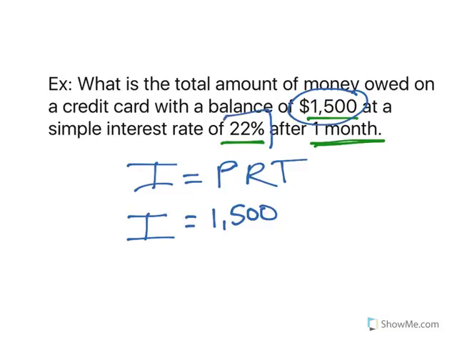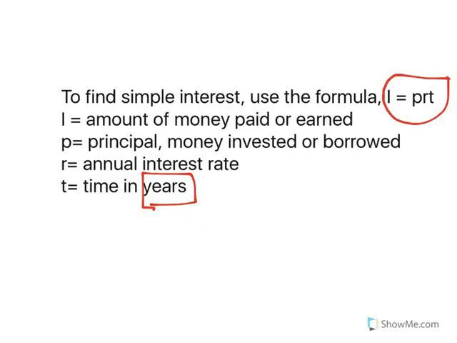I have my interest rate of 22%, so I'm going to multiply it by 0.22, because I moved the decimal 2 spots over. And then after 1 month, many 6th graders will say times 1. Don't do that, okay? The reason I say don't do that is because 1 month, back to our original formula here, it's time in years.